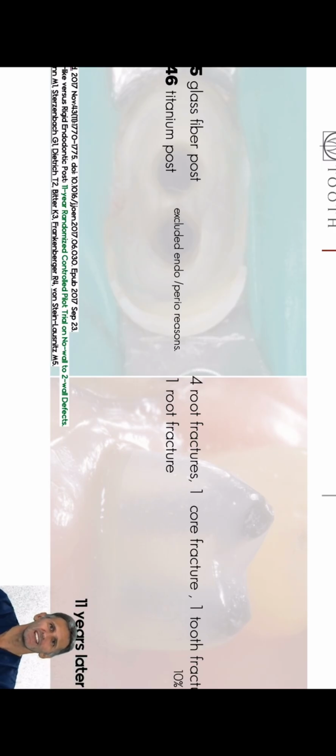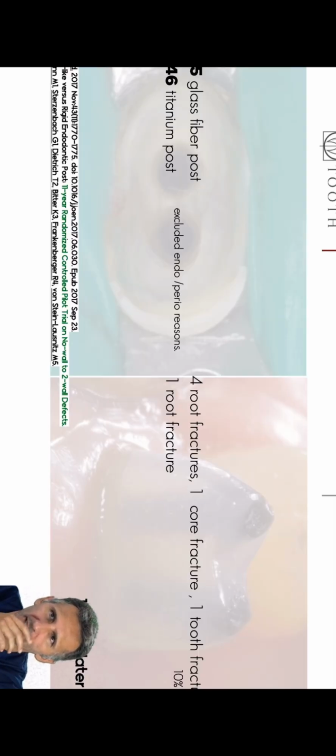After 11 years, excluding endodontic and periodontal reasons, so things related to the post and its biomechanical drawbacks, for the glass fiber we have 4 root fractures, 1 core fracture and 1 tooth fracture. We have 6 failures on 45 teeth.